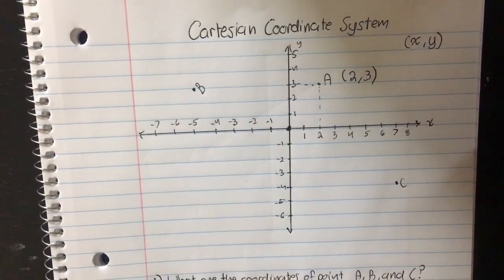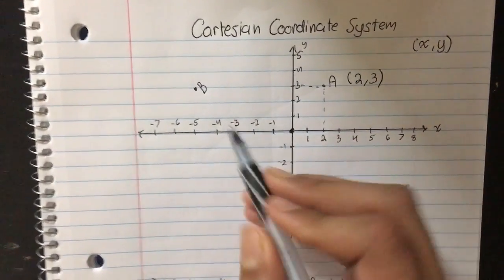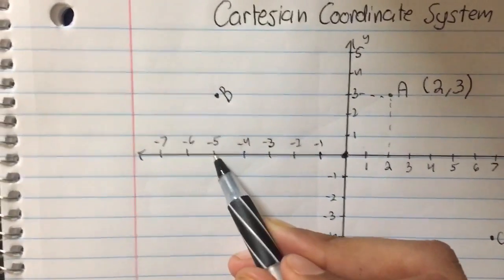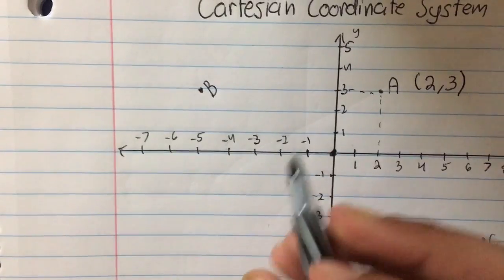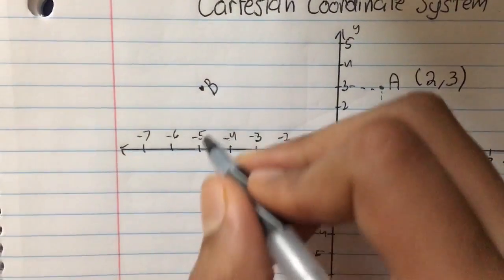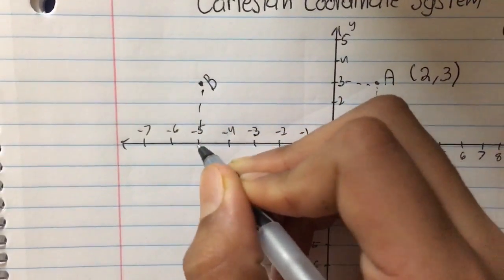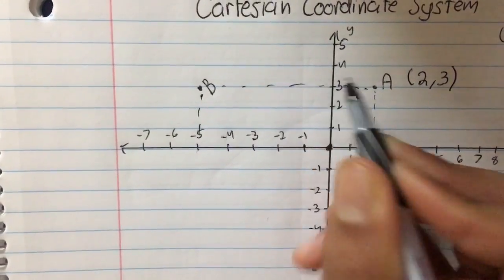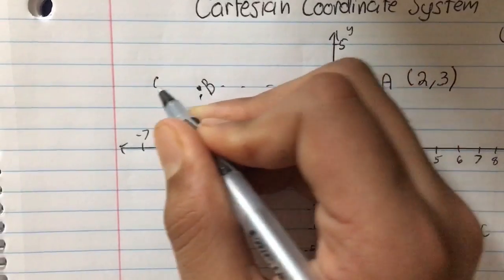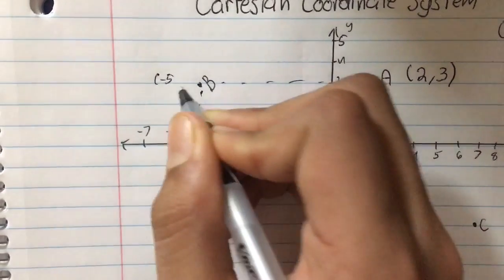Now let's move on to B. In B, our x value would be 5 to the left of the origin, which is 0, and that would be -5. So -5 and 3 both line up to B, and our coordinate is (-5, 3).